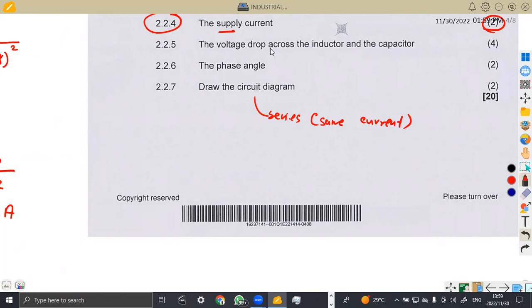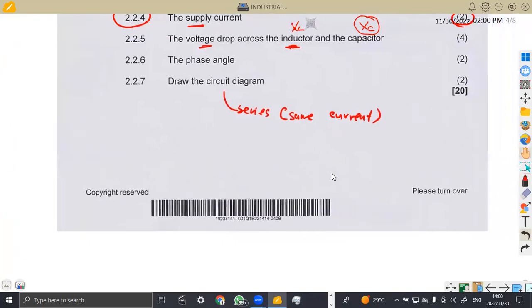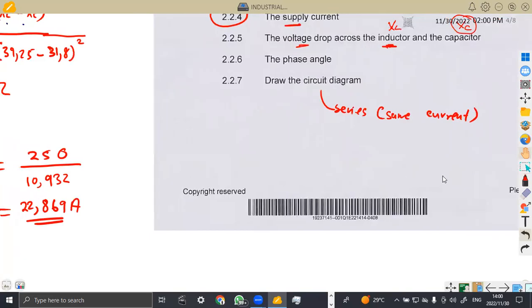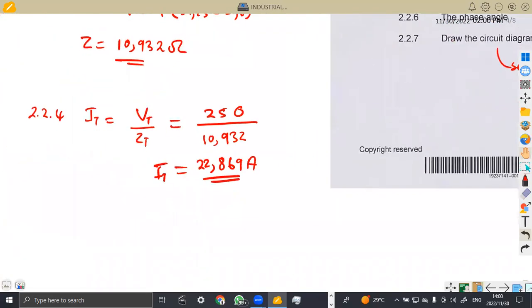So since we are supposed to calculate the voltage drop across the inductor, we are supposed to use XL, the inductive reactance. And on the capacitor, we are supposed to use XC, which is the capacitive reactance. That's what you use to calculate the voltage drop. So what I am simply saying here is that on 2.25, we have got the voltage across the inductor.